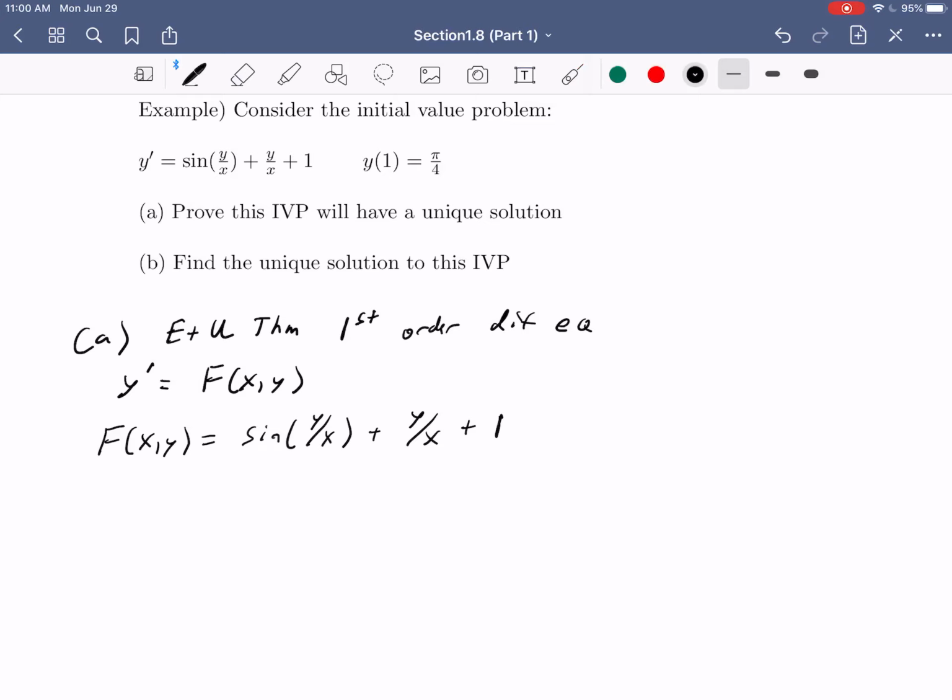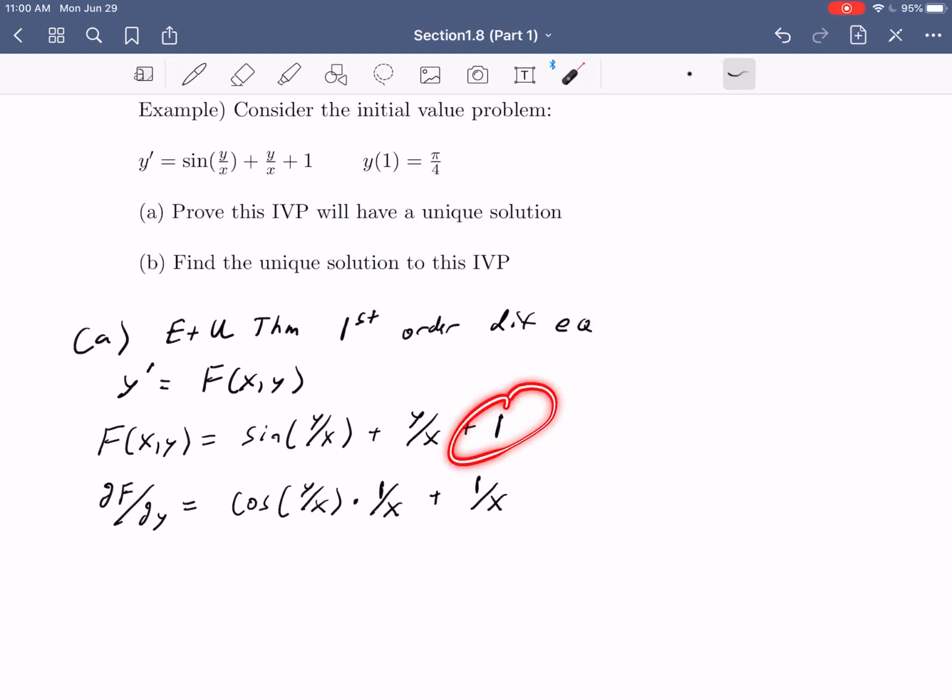And then, of course, we also want to study the partial of this function with respect to y. So we're going to differentiate this, treating x as a constant. The derivative here is going to be a little bit of a chain rule. It's going to be cosine of y over x, times the derivative of this. Well, the y is just going to become a 1, so we get 1 over x plus 1 over x, and then, of course, the derivative of that 1 is gone.